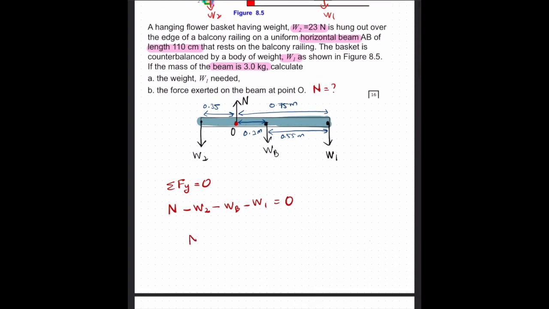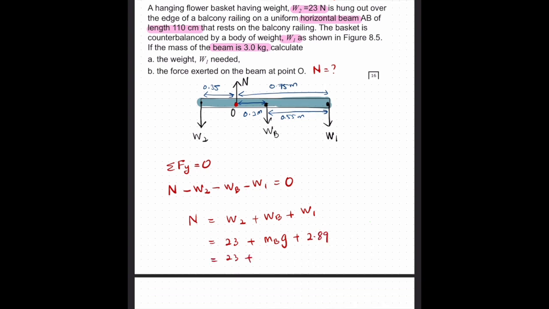Then N is equal to W2 plus WB plus W1. W2 is given as 23 Newton, plus the beam, mass of beam times g, plus W1, which we just got from the first answer, 2.89.